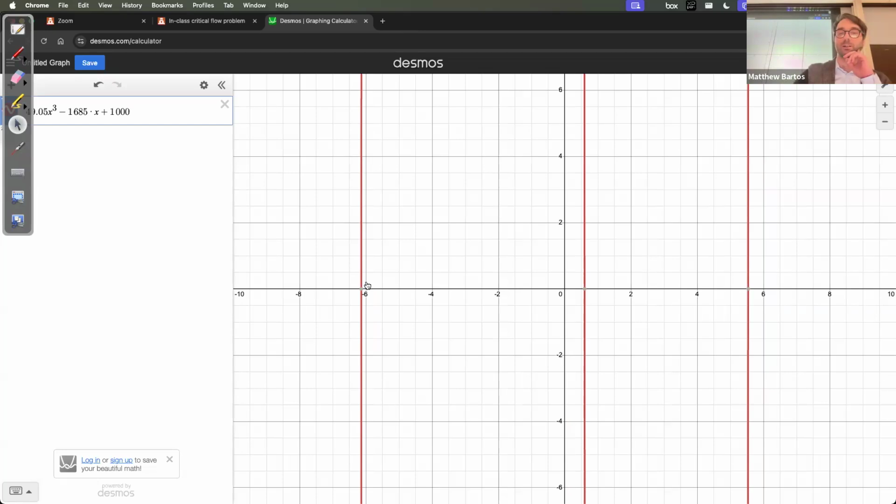And you'll see that we have one negative root at negative 6.13. We'll have two positive roots, one at 0.6 and the other at 5.54. So what is the correct answer for H2?